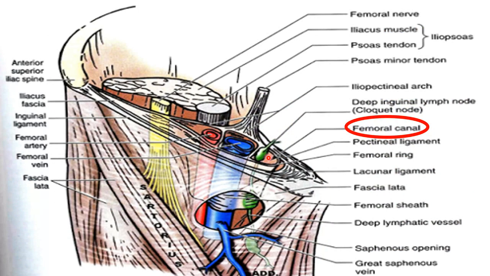This is mostly seen in women, because women have wider hip bones or pelvic bones. They are wider, and since they are wide, obviously the canal is also going to be bigger as compared to the men, and that's why such scenarios of intestinal structures forcing themselves into the canal are common in women because they have a wider femoral canal.